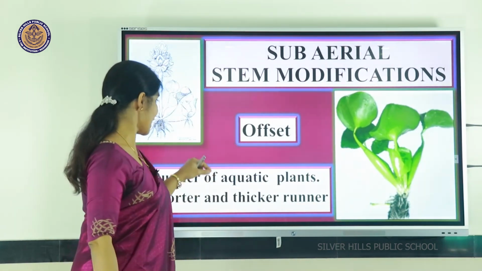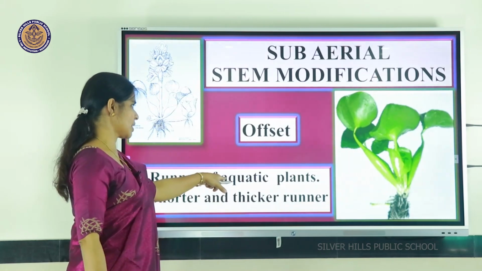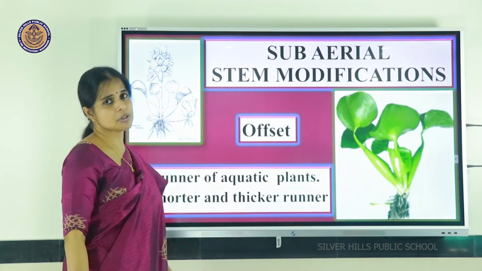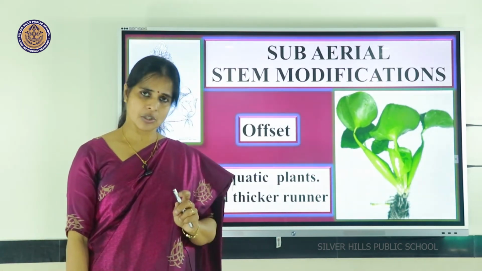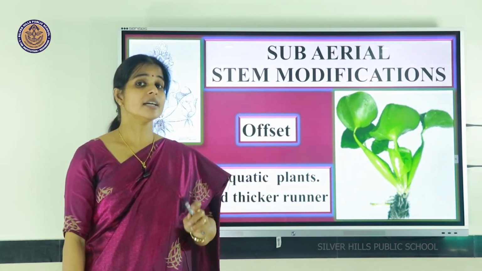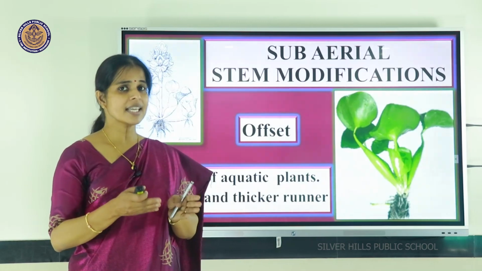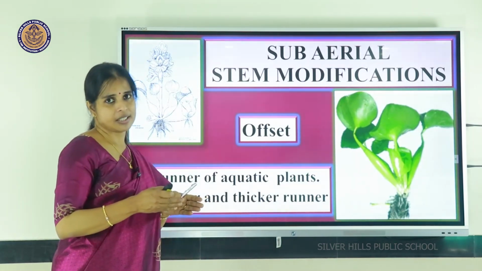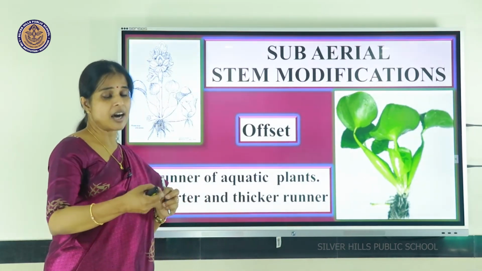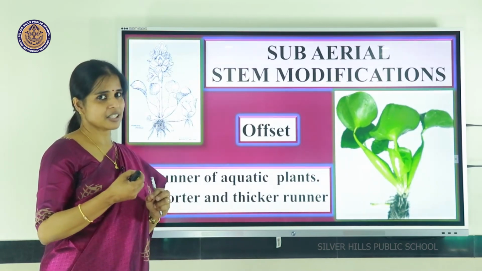But as it is in aquatic conditions, the runner of aquatic plants is generally called by the term offset. Offsets are runners only, but in aquatic plants, and these runners are slightly shorter and thicker, whereas general runners are very thin, slender branches.